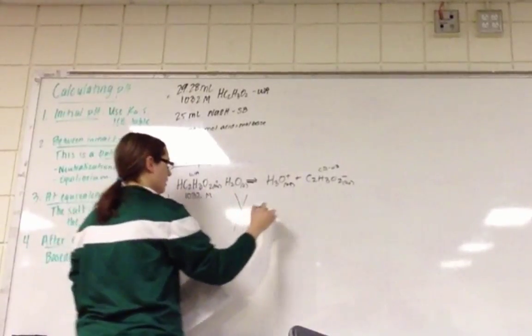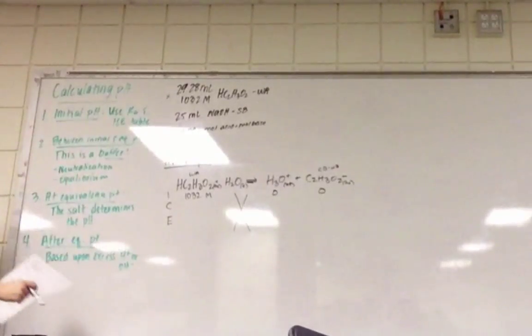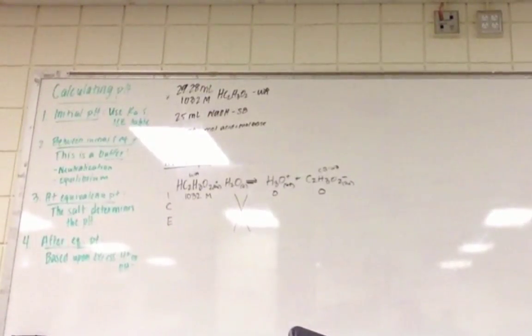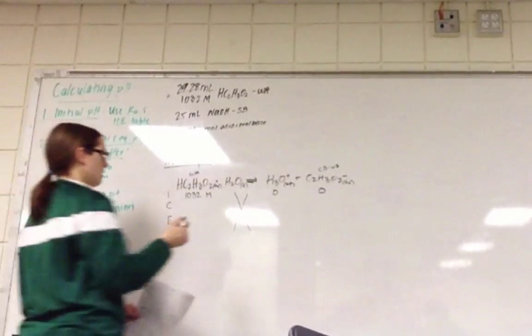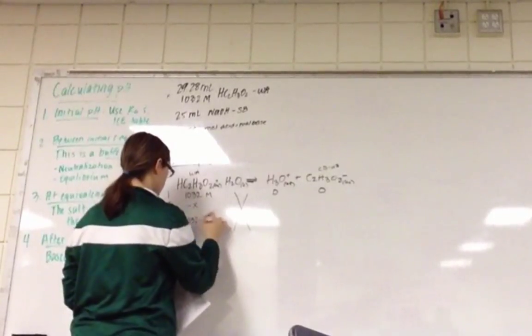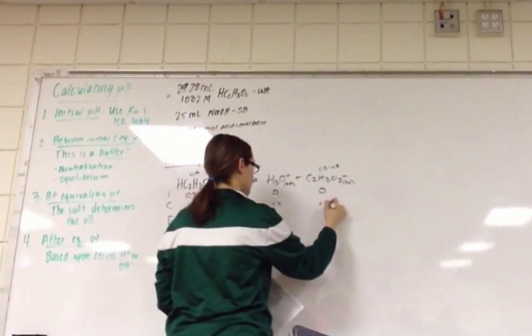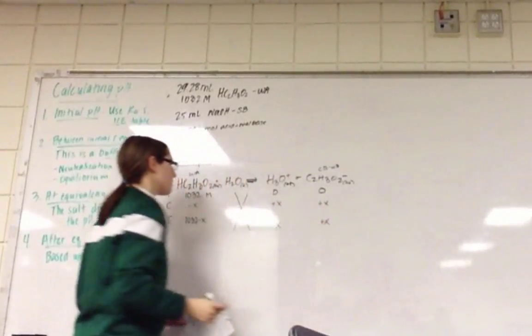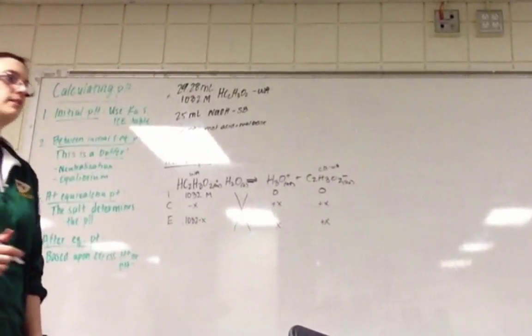Don't worry about water. We don't have any H+ or acetate ions. Whenever you're solving for pH, you're always going to use X's, right, because if we're solving for pH, we need to know H+. What else do we need to know in order to solve for X?